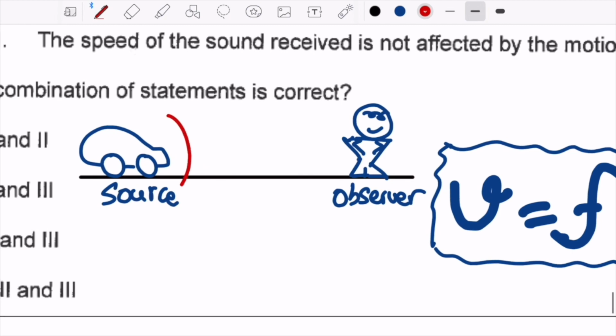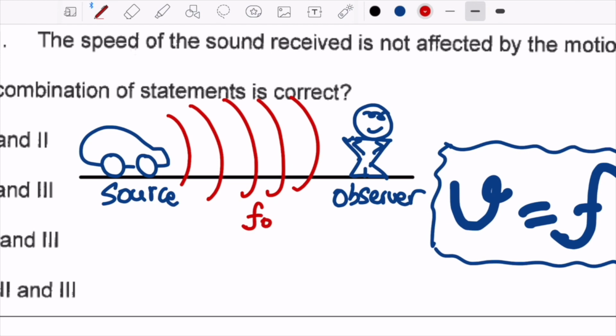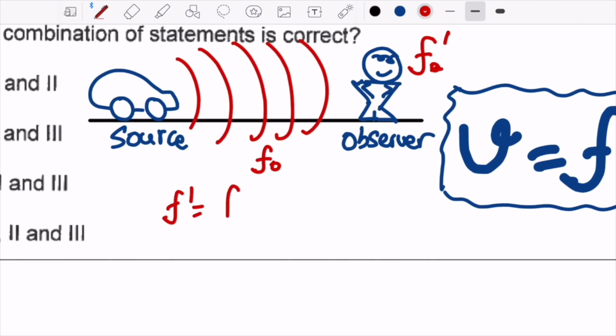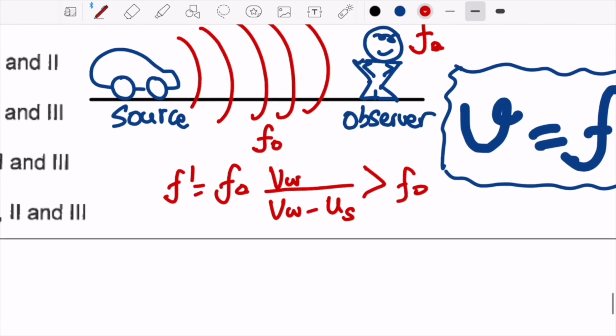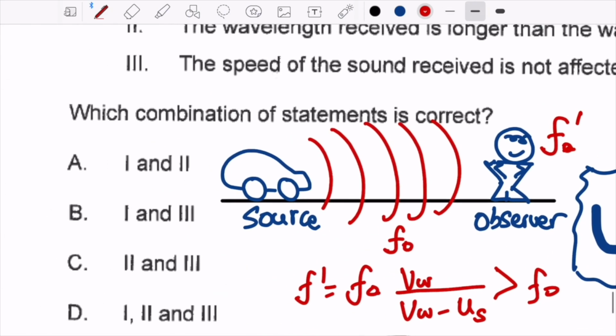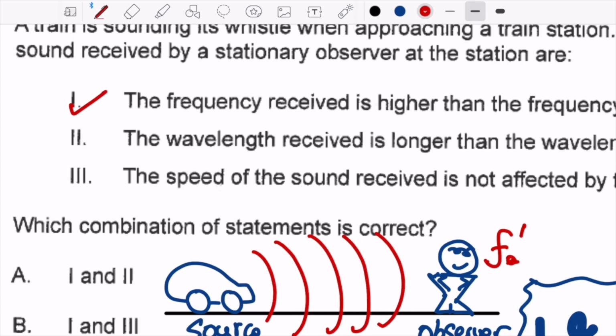If a car or any other wave source is making a frequency f naught, the frequency the observer hears, let's say f dash, is given by f naught times the speed of the wave over the speed of the wave minus the speed of the source. This is bigger than f naught, that we all know. So f dash is bigger than the real frequency. That is no problem, so we can quickly mark this as correct.